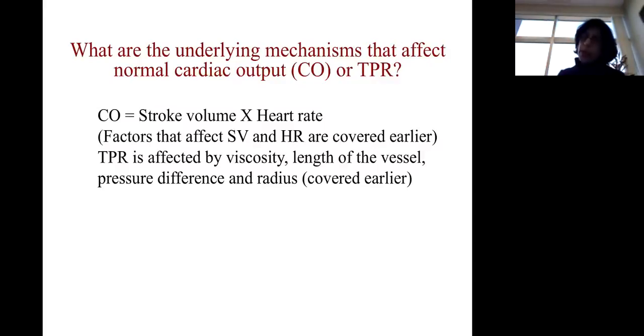One is the stroke volume, the other one is the heart rate. Increasing stroke volume or increasing heart rate would increase cardiac output. Do you recall that? Now, let's also talk about TPR. We discussed this earlier. That is the length of the vessel, the radius of the vessel, viscosity of the blood. All these factors can affect resistance. All right. So those are some things you need to recall.